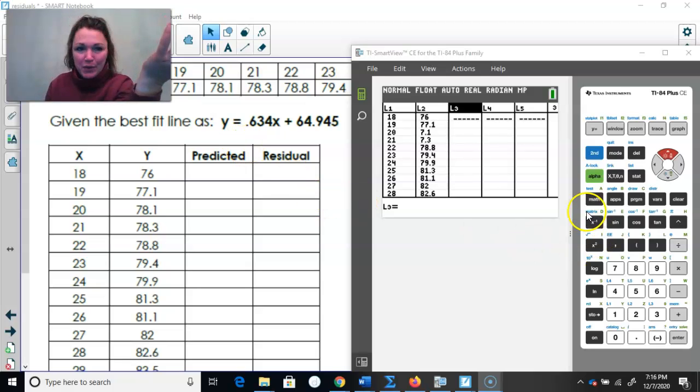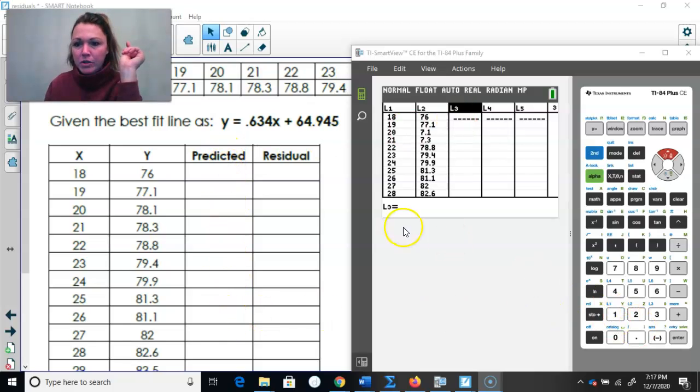But what's beautiful about the graphing calculator is we can take our cursor and arrow up to L3. Now I'm going to type this equation into L3 and it's going to give me all of the predicted.